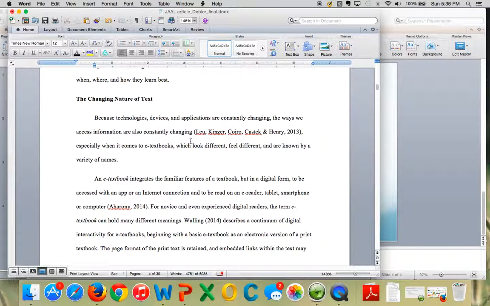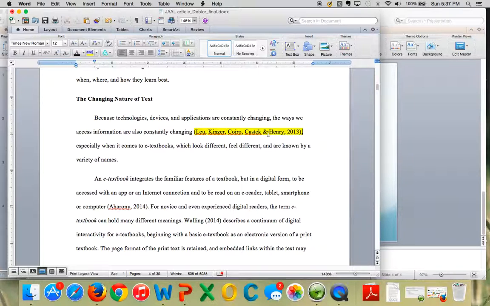So in this paragraph, you see a citation right here. That's the in-text citation. Now, I want you to notice some things about this. Notice that it's set in parentheses. There's not a comma before those parentheses. Notice that each of the authors' last names are used, not their first name and not their first initial, only the last name when we're within the text.